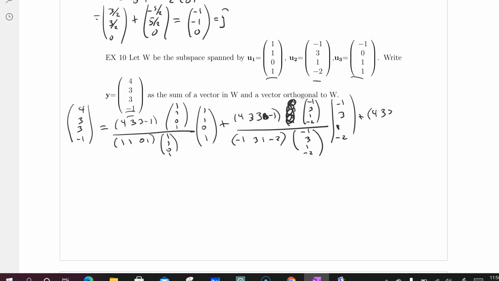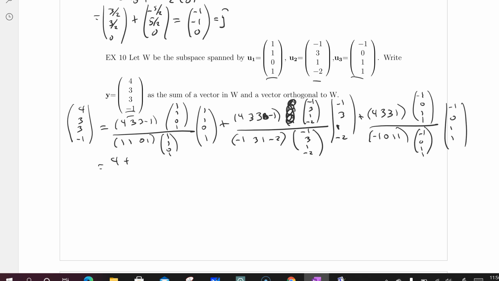Then y dotted with u3, -1, 0, 1, 1, over u3 dotted with itself, -1, 0, 1, 1, times, okay, here we go. I get 4 plus 3 minus 1 all over 3, times this vector here.